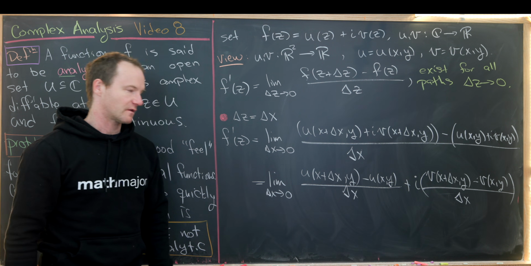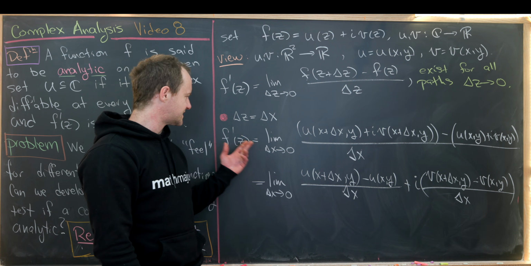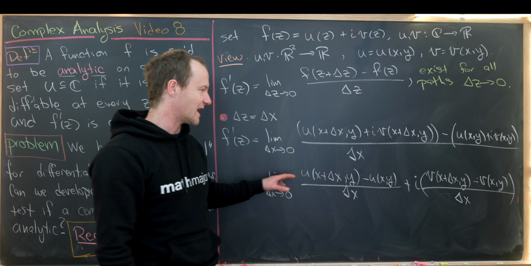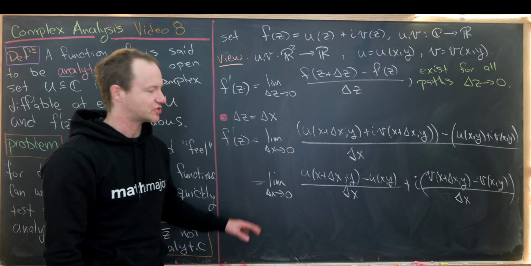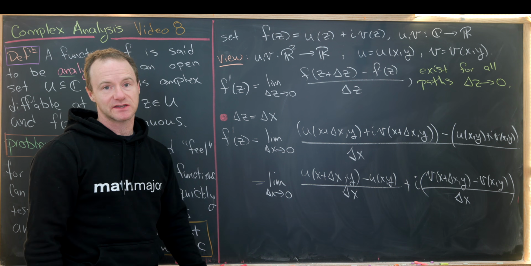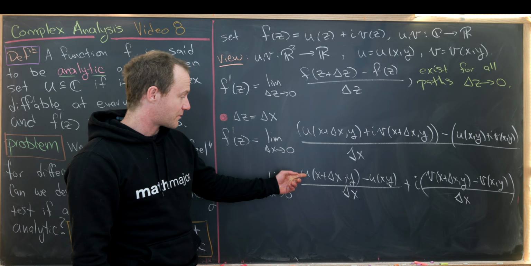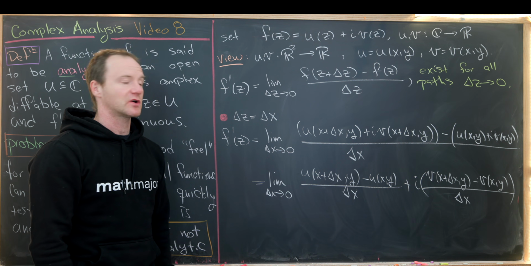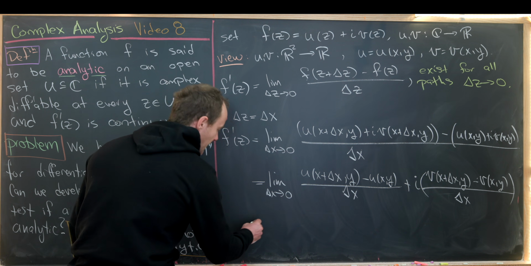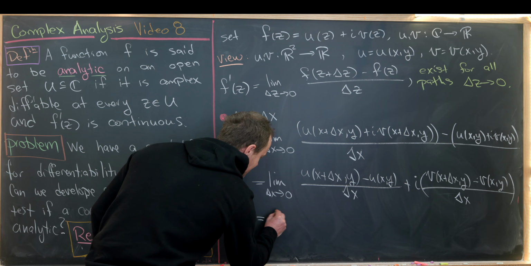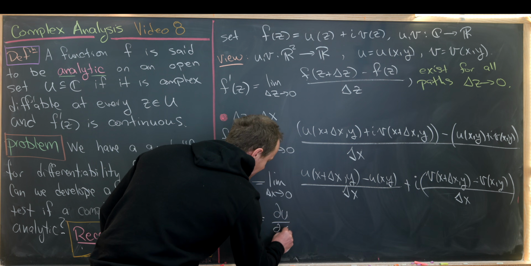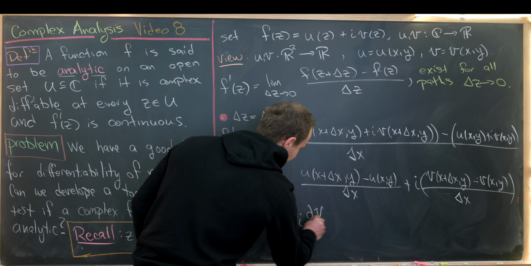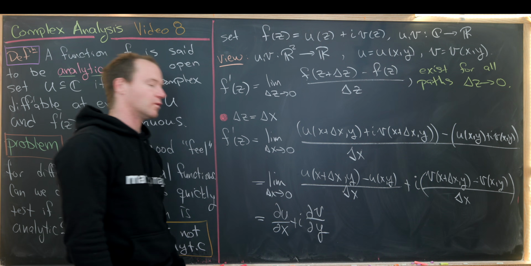Since this limit exists, assuming these functions are nice, we've got names for these two difference quotients as delta x goes to 0. This is in fact the partial derivative of u with respect to x, and the other one is the partial derivative of v with respect to x. So we get that this is the partial of u with respect to x, plus i times the partial of v with respect to x.